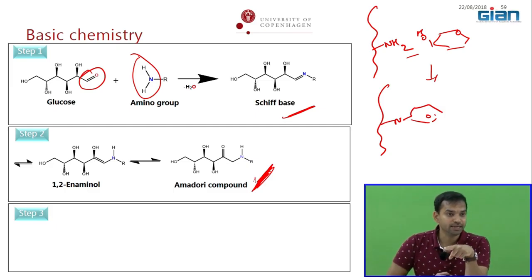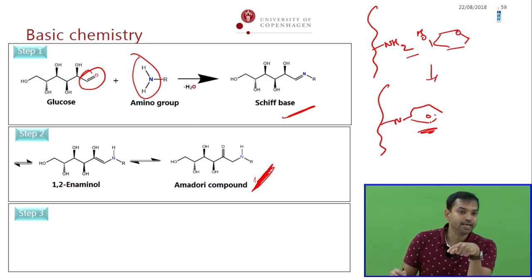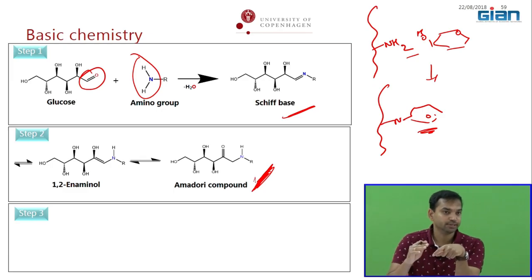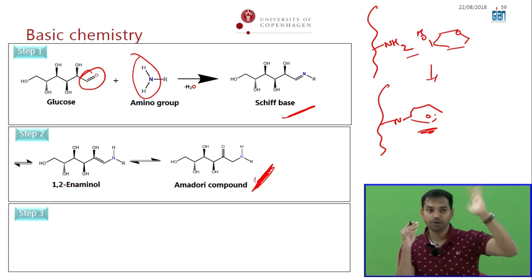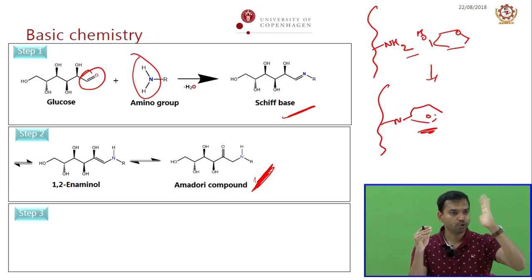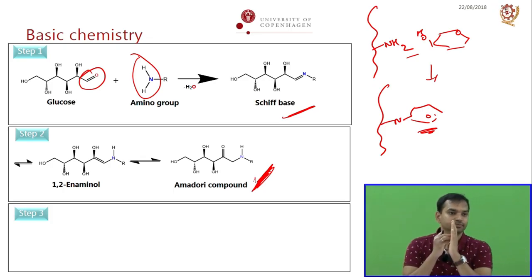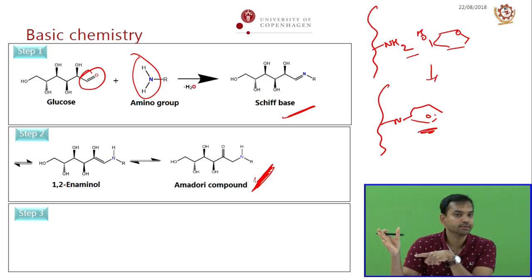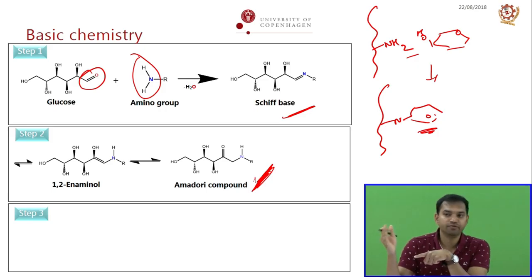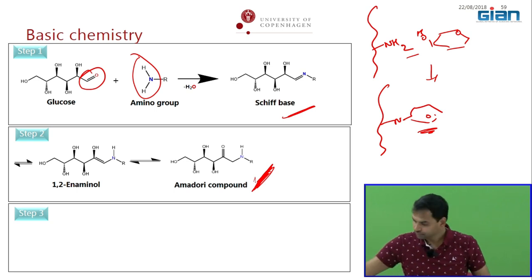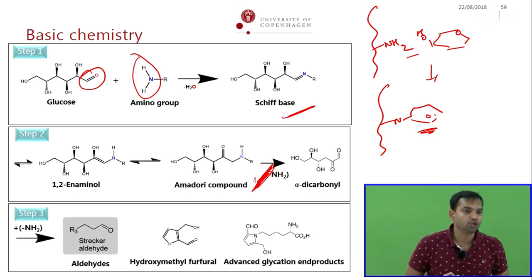Protein glycation means a sugar moiety is attached covalently to a protein. Originally it was a normal protein. Now you got a protein attached to a sugar. Now it's a different protein. Do you agree? Now we are doing a chemical modification of protein. That is called the Maillard reaction. Okay? But the reaction does not stop here.